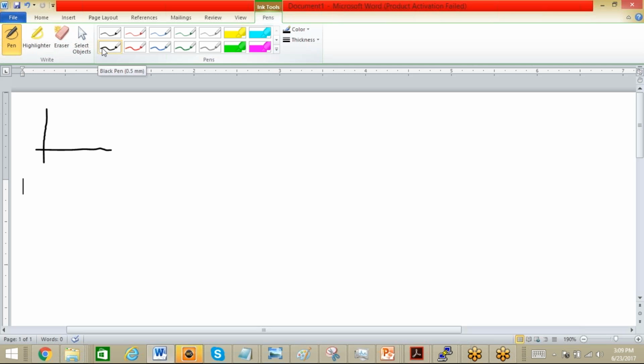Okay, so this is the coordinate system, where this is your time axis and this is your function axis. And then we have this, our input signal.